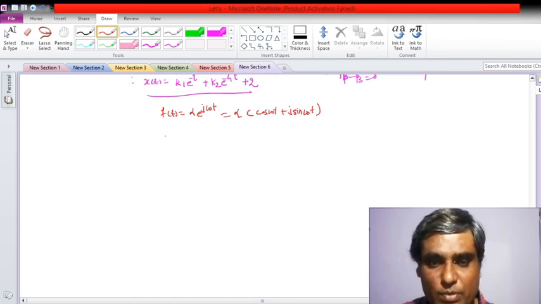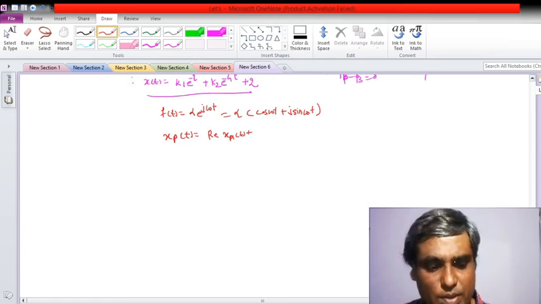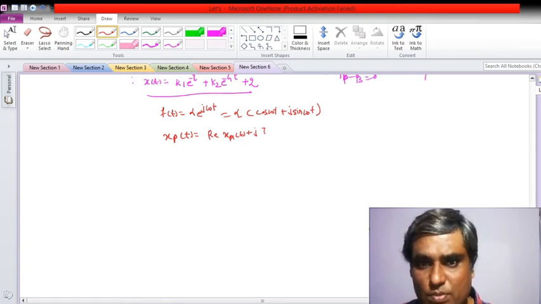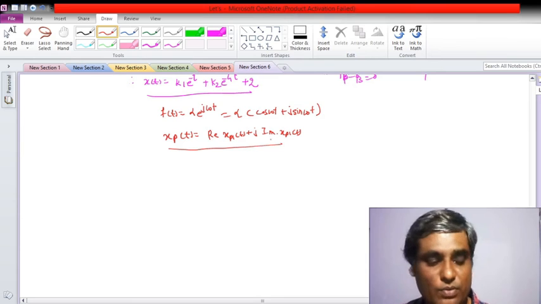What will be my particular solution? xp of t will be the real part of xp1 of t plus j times the imaginary part of xp1 of t. From that I can select the real or the imaginary part.